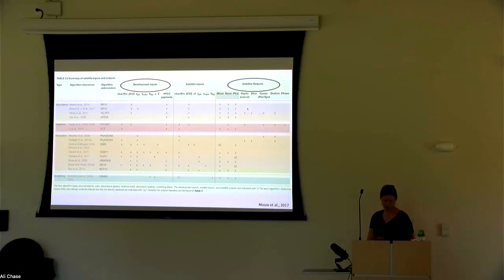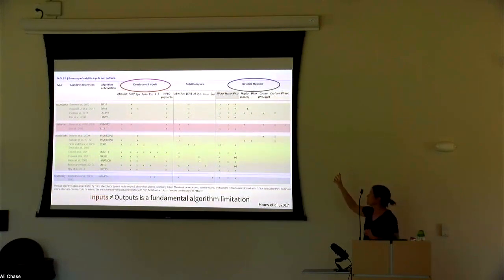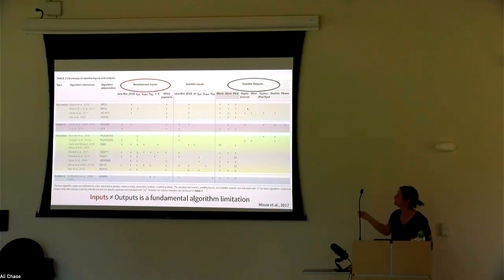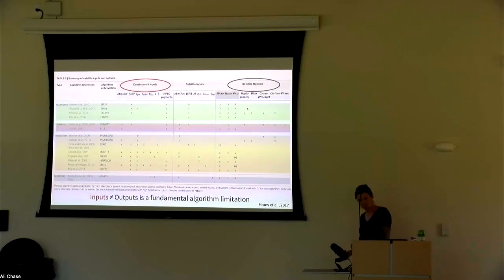And I just wanted to point out that the development inputs for all of these algorithms are not the actual PCC properties that we're estimating from satellite. So at some point, we have to think carefully and really consider the fact that we're trying to estimate something from space that we're not measuring in situ and building an algorithm, and there are proxies along the way.